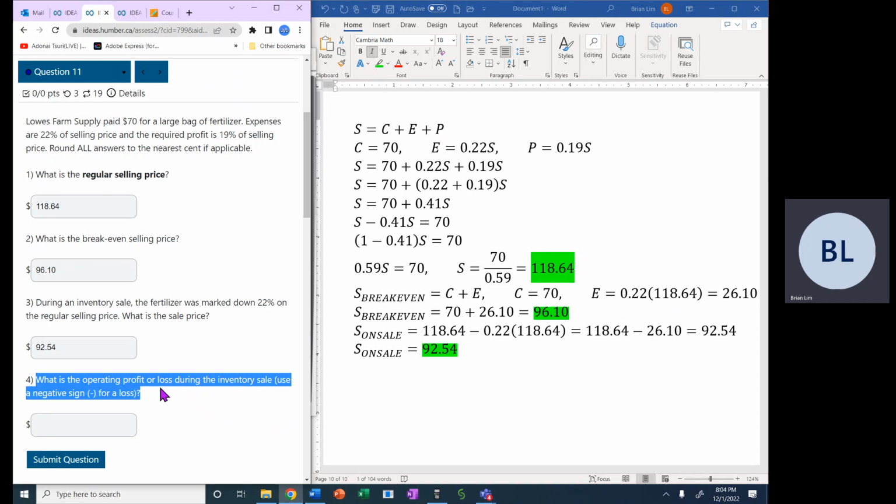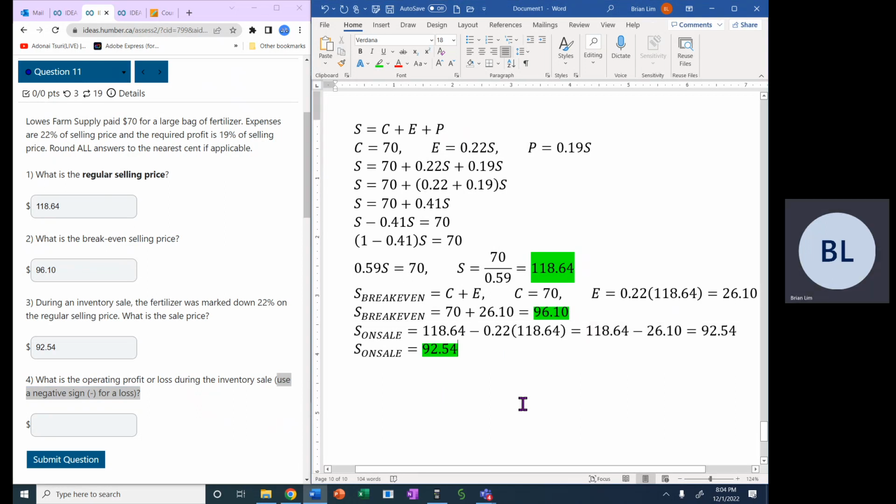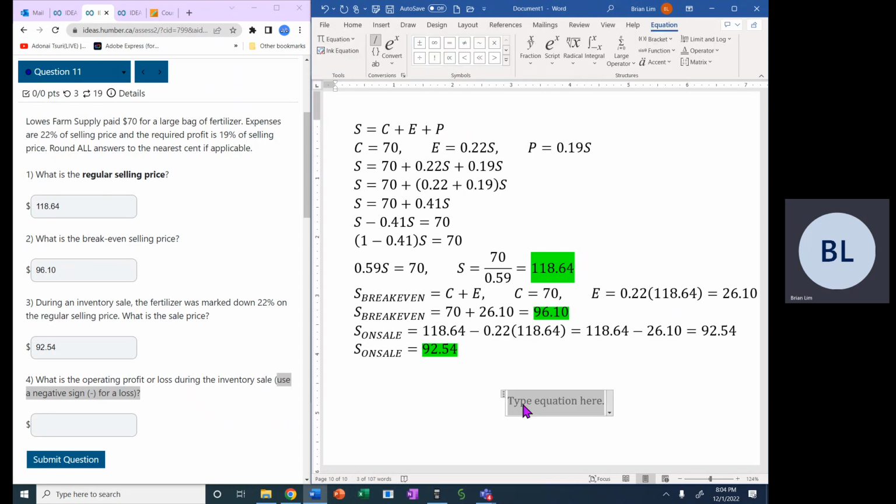Now, what is the operating profit or loss during the inventory sale? Use a negative sign for a loss. So we have to be careful with the sign. We have to go back to the normal equation that we use, which is right above here.